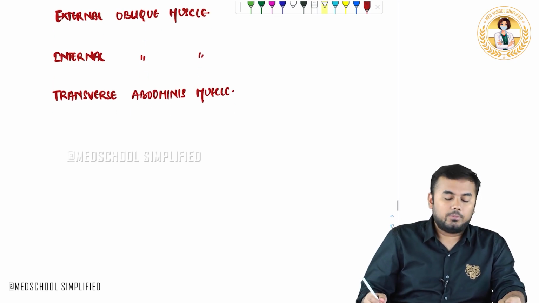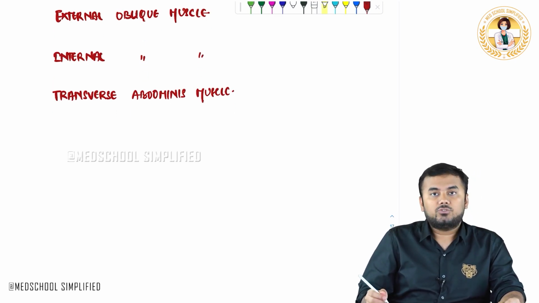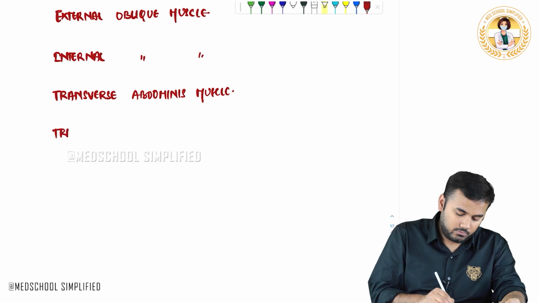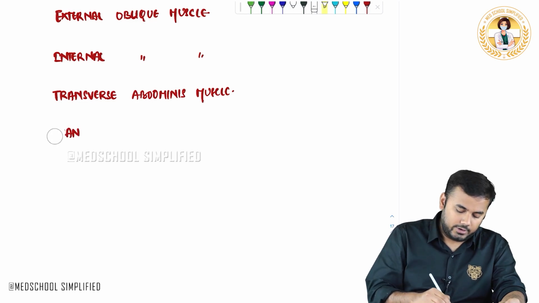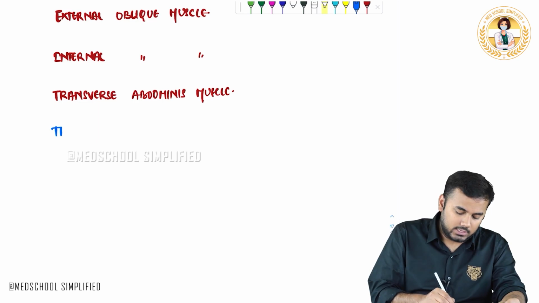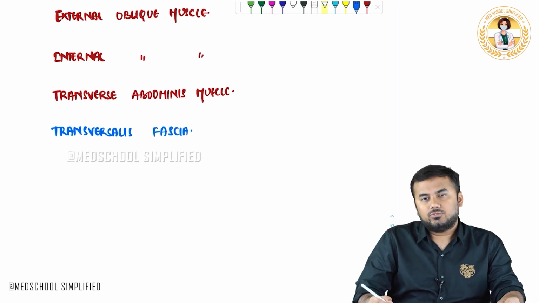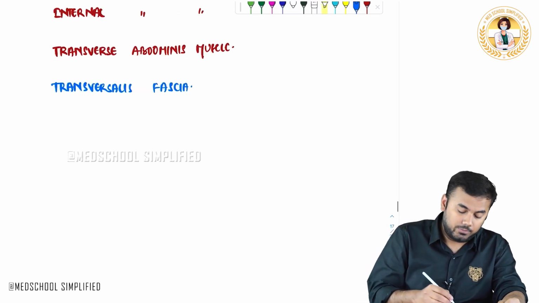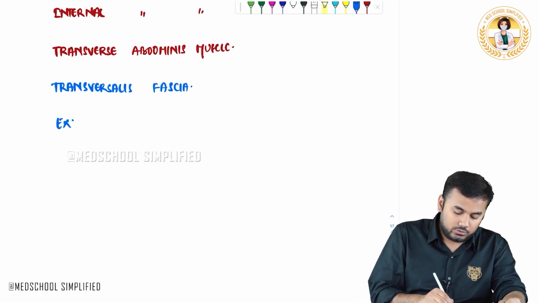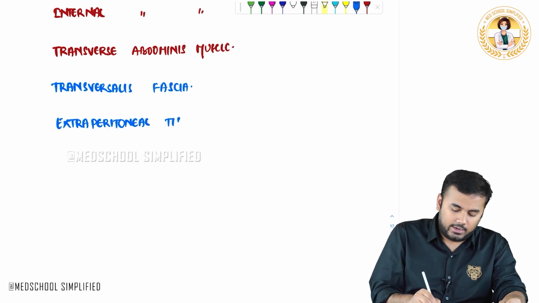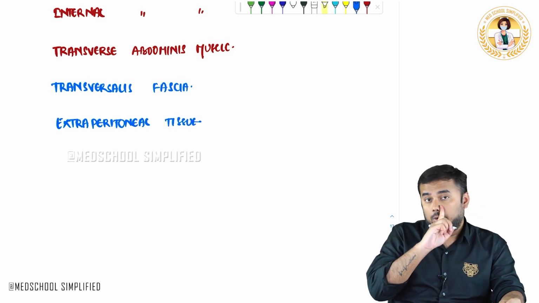And after transversus abdominis, you have the transversalis fascia. After the transversalis fascia, the next important thing is a tissue also called extraperitoneal tissue.